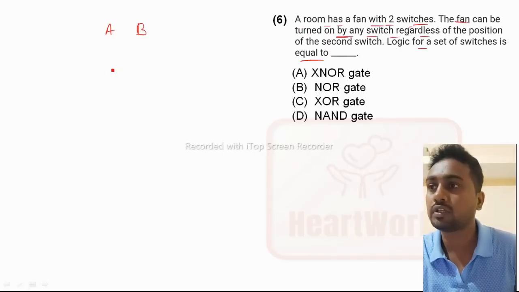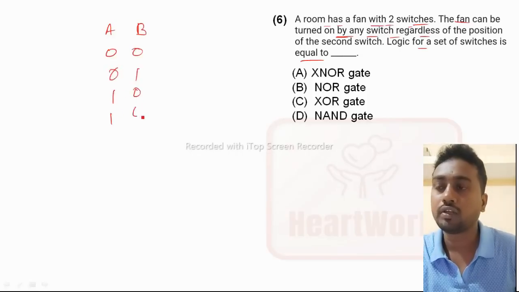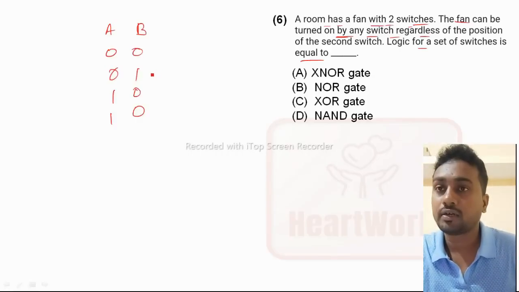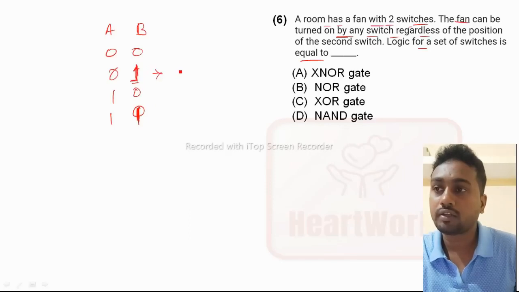Suppose the inputs are 0 0, 0 1, 1 0 and 1 1. The meaning of this question is, if at least one is on, then the output will be 1, that is, it will be on.